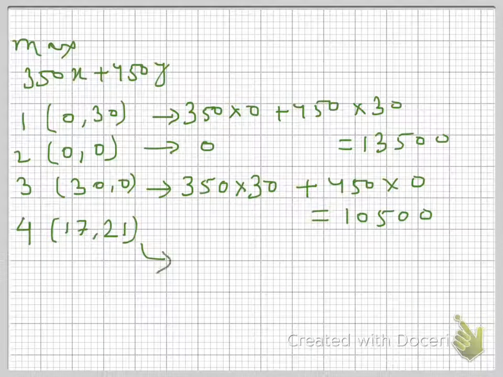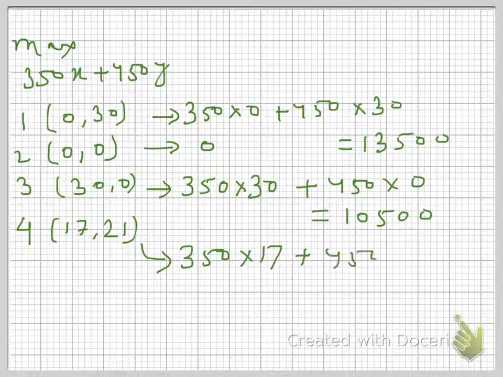This option, where you are producing 17 units of product A per day and 21 units of product B per day, the profit comes out to be 350 into 17 plus 450 into 21.